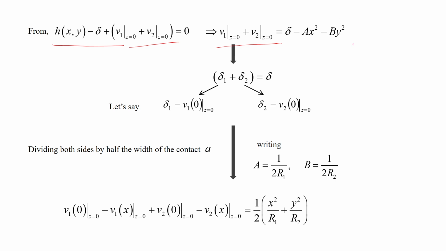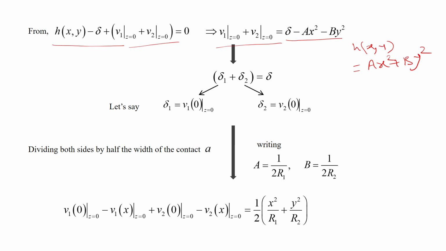Remember that h of x y I have written as a x square plus b y square, where a and b are functions of the inverse of the relative radii of curvature that we deduced in the last lecture. So, V1 at z equal to 0 plus V2 at z equal to 0 will be equal to delta minus a x square minus b y square.